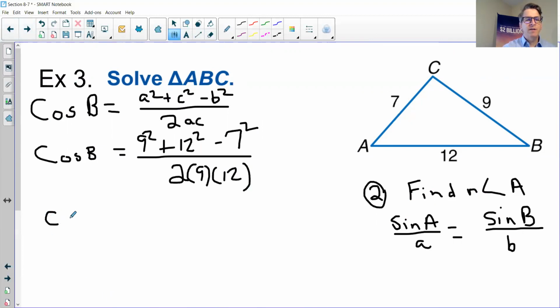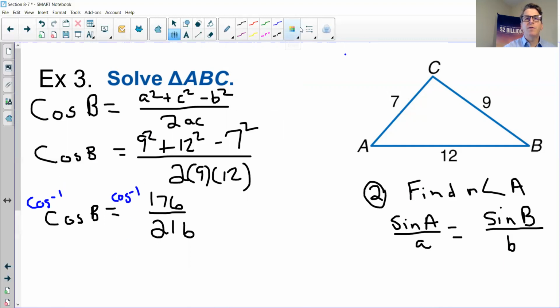So that brings you down to the next step. The cosine of B is equal to 176 over 216. In the last step, you take the inverse of the cosine on both sides.